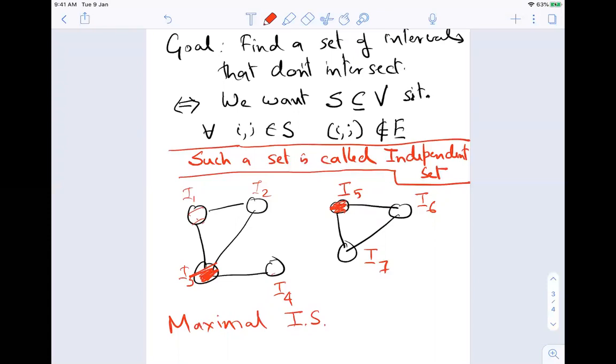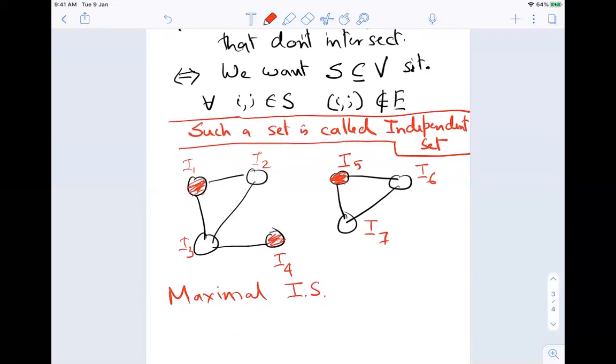No, right? Similarly, this earlier one was also a maximal independent set. So there can be multiple maximal independent sets, and of different sizes. One has maximal independent set of size 3, the other one has size 2.